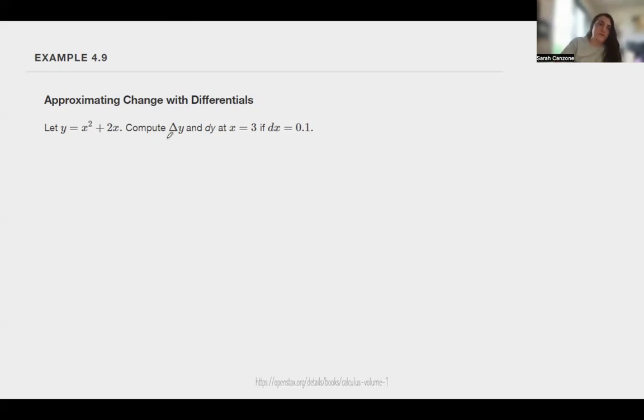So if you remember, the change in y, if you even think back to the slope formula, is the change in y over the change in x, which is like f of one value, so f of b minus f of a or something like that. So if we know that the change in x is 0.1, we're always going from left to right. So if we're starting at 3 and we're changing by 0.1, then we are going from 3 to 3.1.